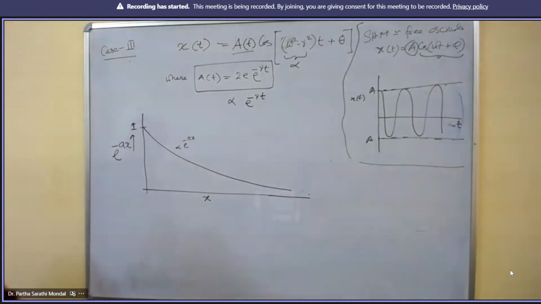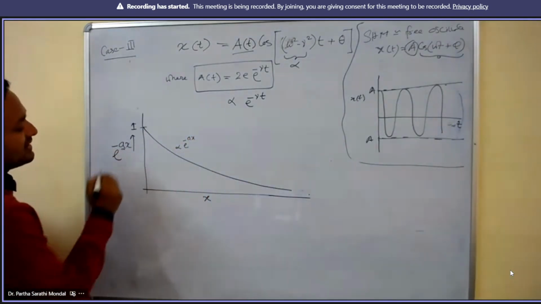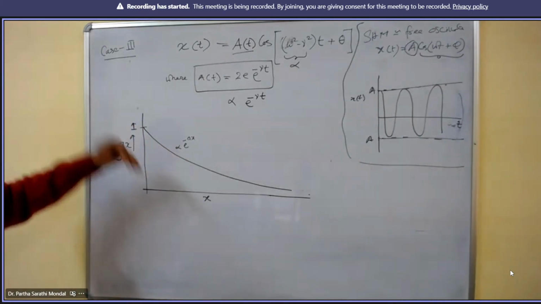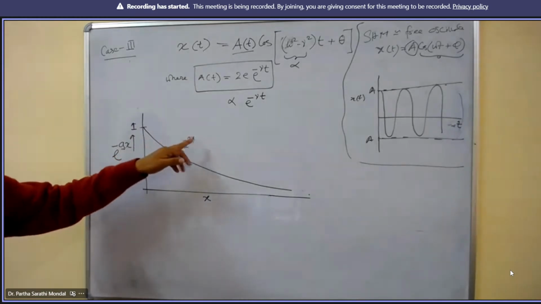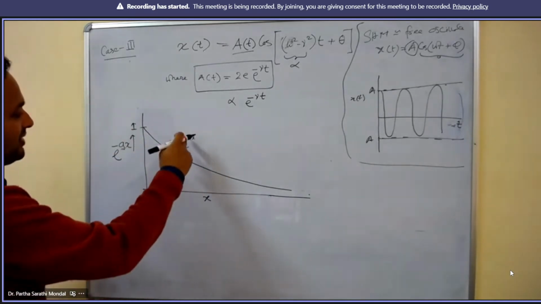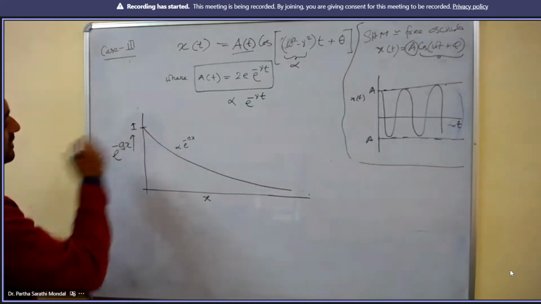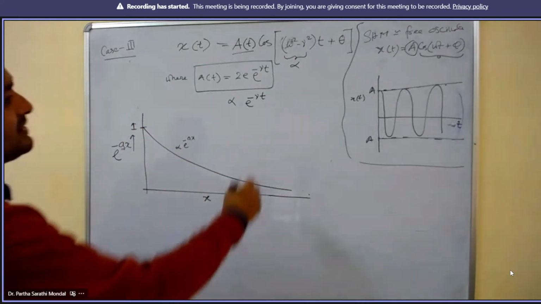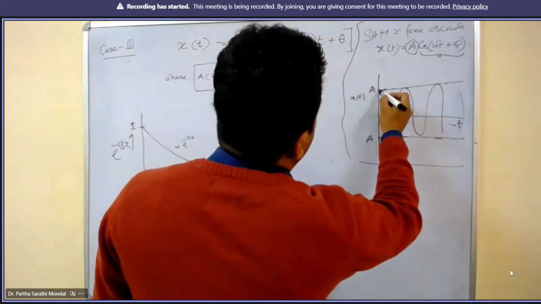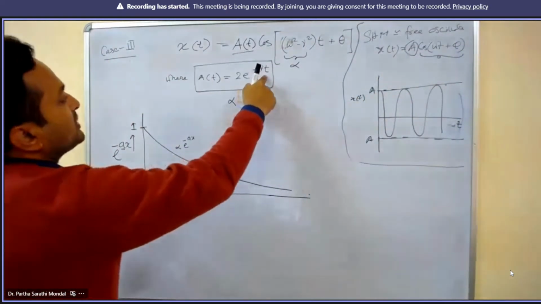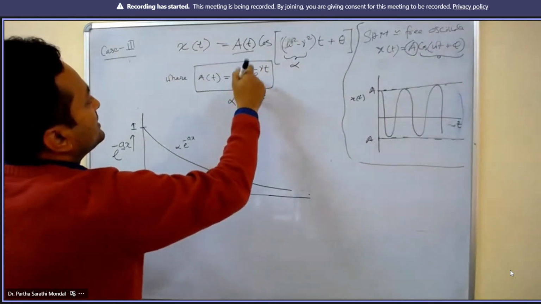Now what is a? a is the coefficient of the decrease. If a is larger, you have a faster decrease; if a is smaller, you have a slower decrease. Now if I apply this, at t equal to 0 the exponential becomes 1, so A will become 2C.